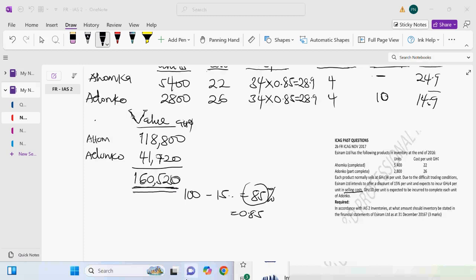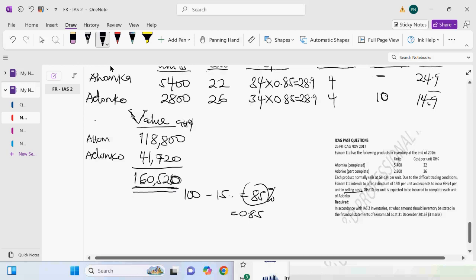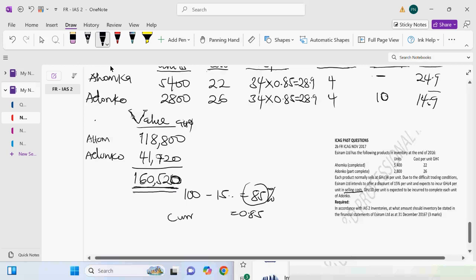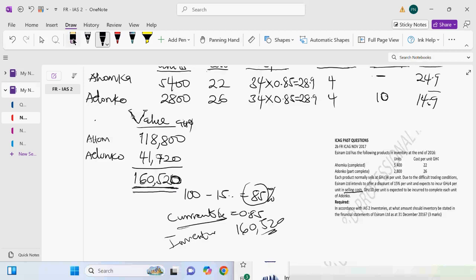All right. So when you are preparing current assets, inventory is 160,520. So that is the amount.